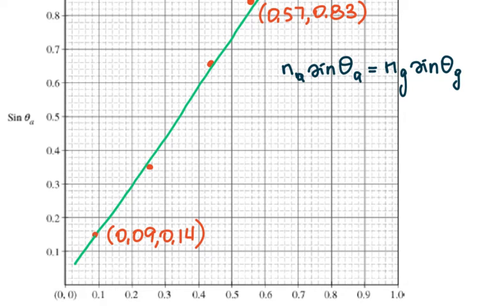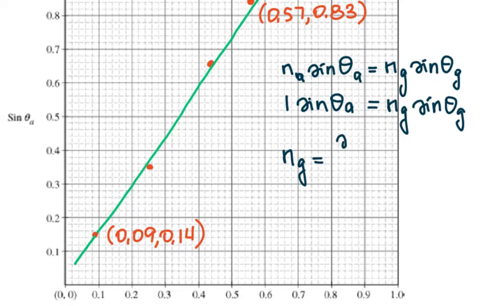The index of refraction for the air is 1, and then I have sine theta A, and then I have the index of refraction of the glass and sine theta G. So N G is equal to sine theta A over sine theta G.